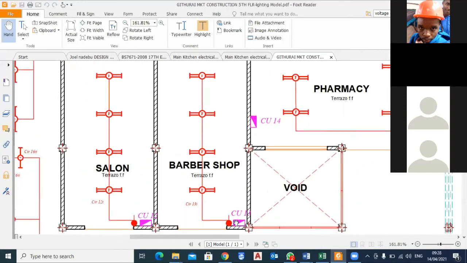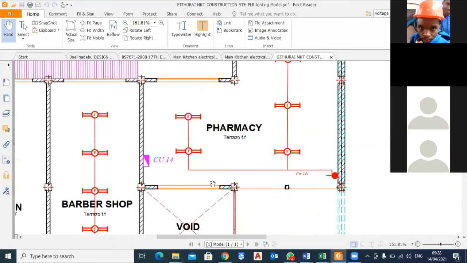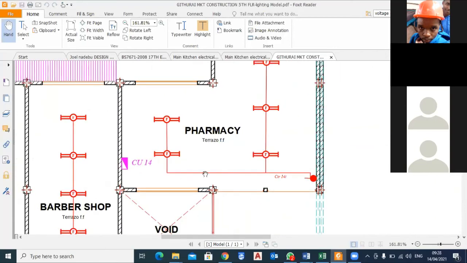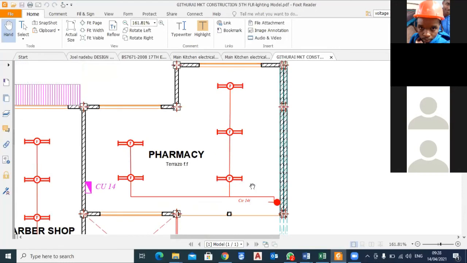Haya, nikikuja hapa consumer unit 13, hizi nimeziita circuit 13I. This is a consumer unit. So if you have consumer unit A, B, or 1, 2, so like in this case it's consumer unit 14. So lighting the consumer unit circuit 14I.